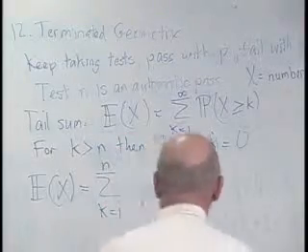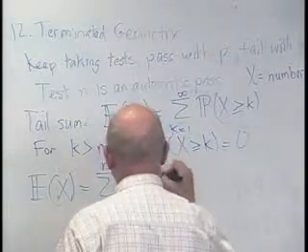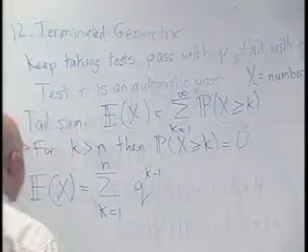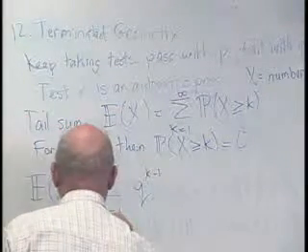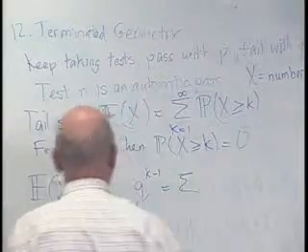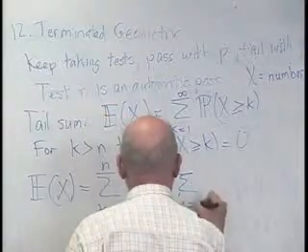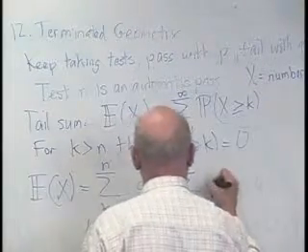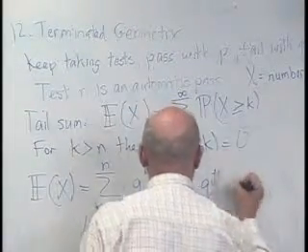K minus 1. If I set j equal to k minus 1, I can write this as the sum from j equals 0 to n minus 1 of q to the j.